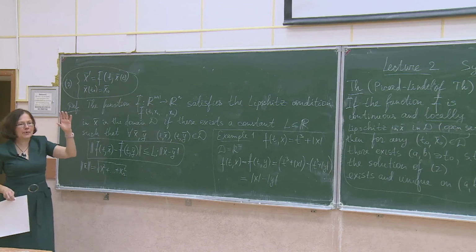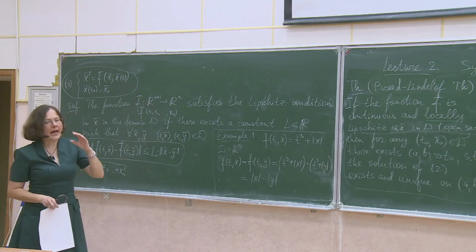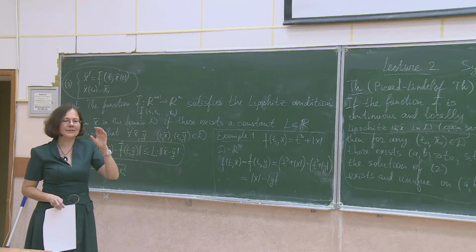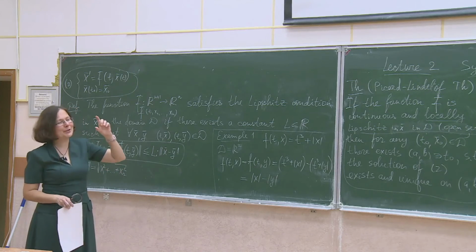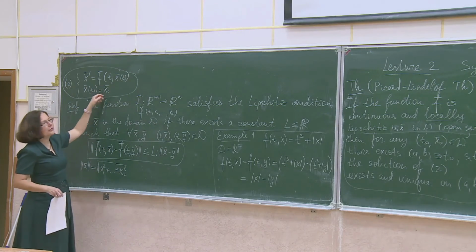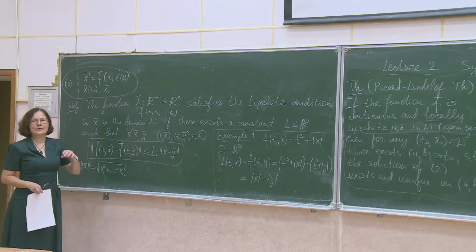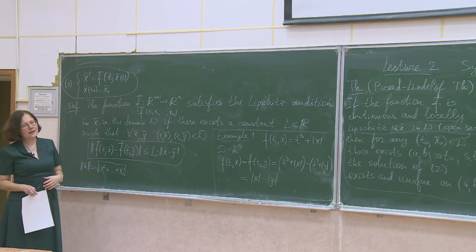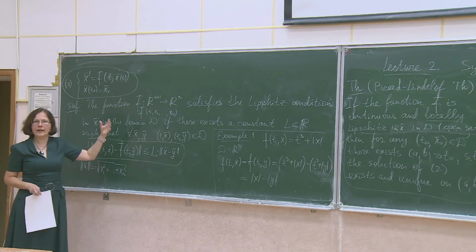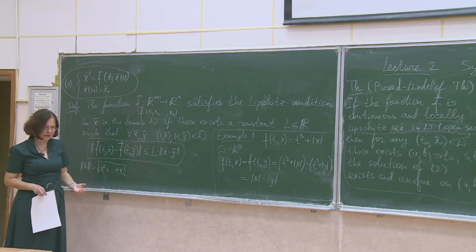So we want to estimate the absolute value of the difference between two solutions when we go away from the initial values. So, dependence of the solutions on the initial values.